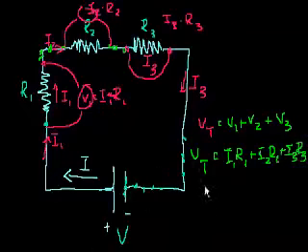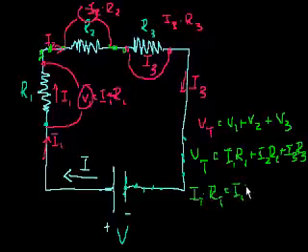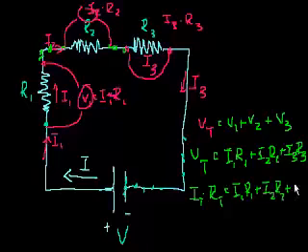And what's the total voltage drop? Well, that's equal to the total current through the whole system, I total, or we just call it I, times the total resistance, which is equal to I1 R1 plus I2 R2 plus I3 R3.